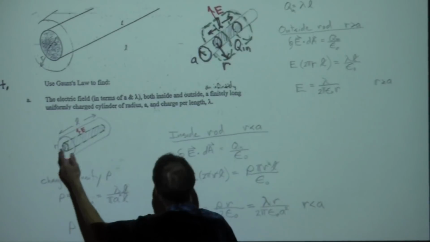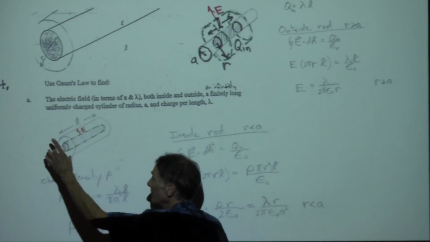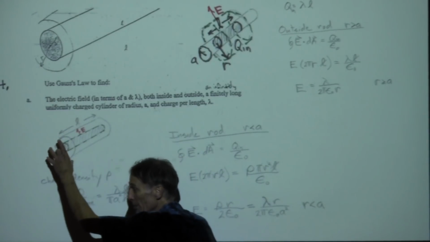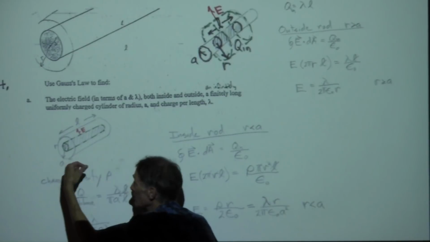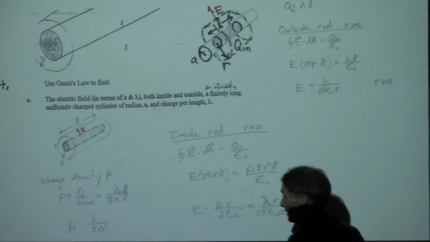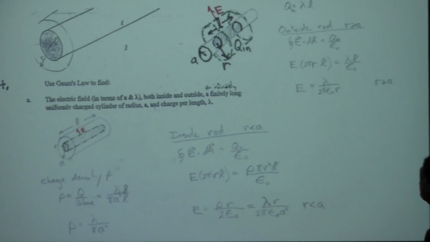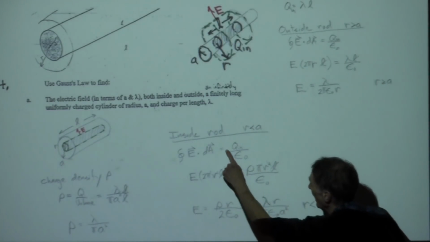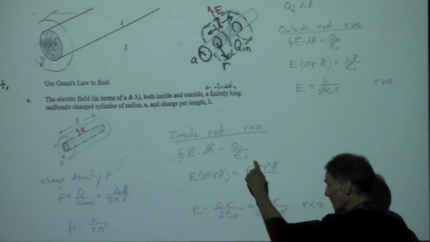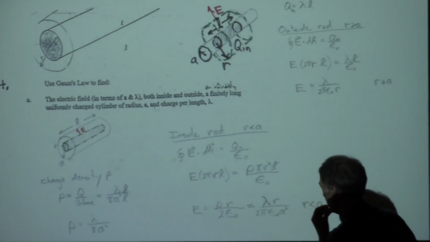The problem is when you do go inside, now you're not getting the whole cylinder of charge, but just a little tiny cylinder of charge that is going to have less charge there because we're dealing with a smaller piece. And so here it's fairly simple, here it's not. I have to take the density times the volume of that cylinder.